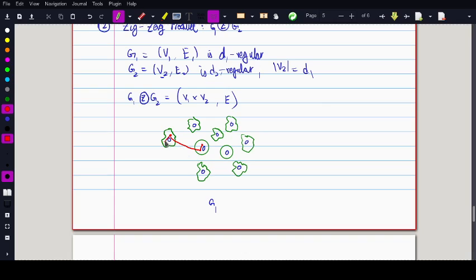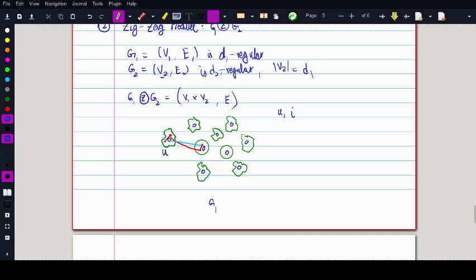This describes one edge from here to here, so let me choose some different color. After doing all this you get one edge, and you do this for all possible choices. So let's properly describe it. Let's say this was U, the Uth node of G1, and you had the corresponding cloud.